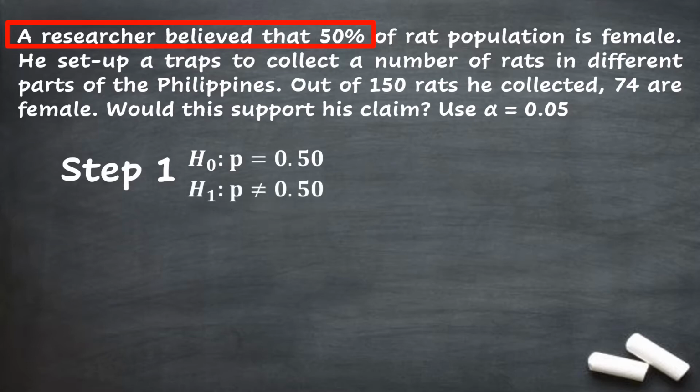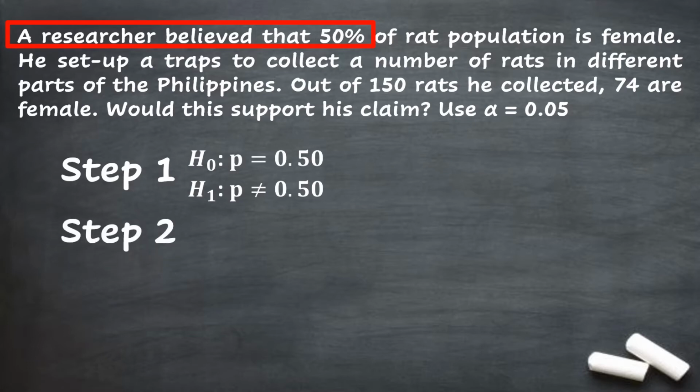For the alternative hypothesis, the population proportion is not equal to 0.50, since we don't have any term synonymous to greater than or less than for the entire problem.